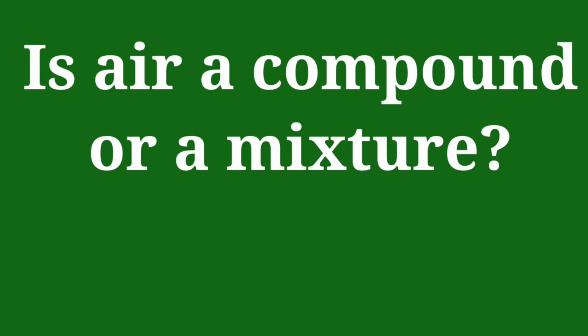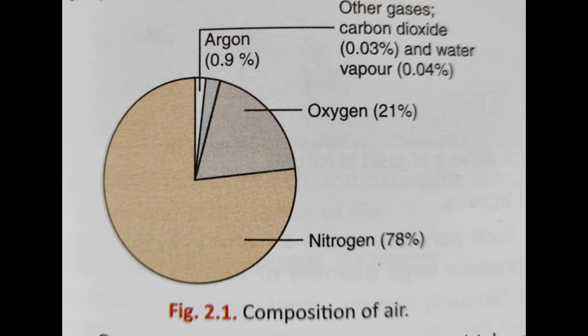Is air a compound or a mixture? Often this question comes. Now already you come to know that air is a mixture. Composition of the air changes from place to place. In cities where there are more vehicles, factories, etc., the percentage of carbon dioxide is more than in villages.